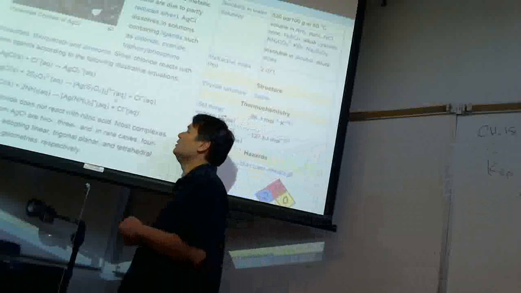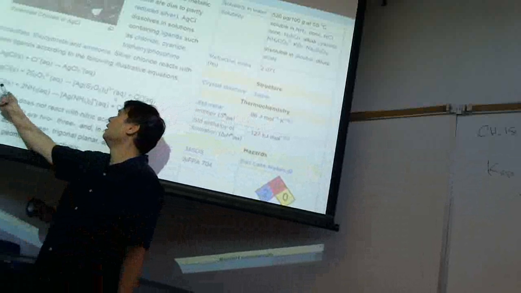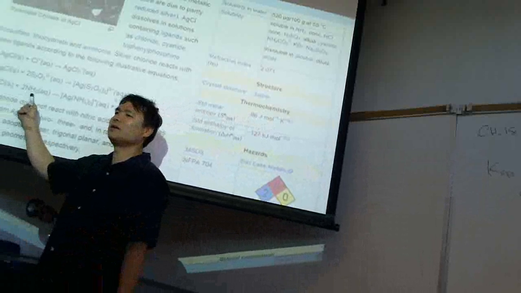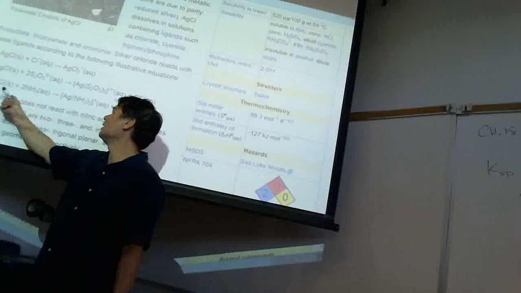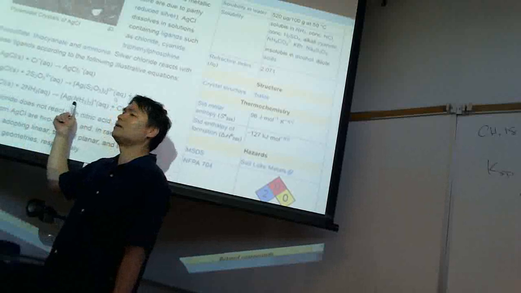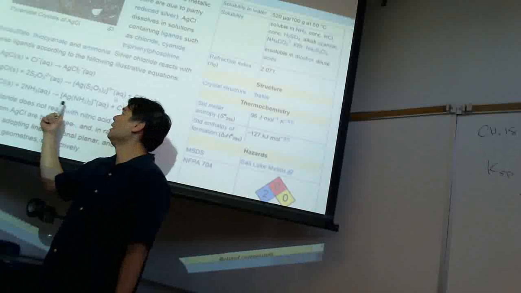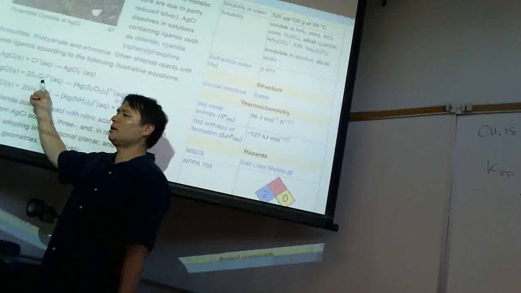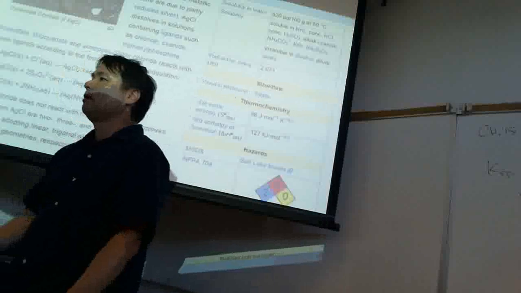However, we could use other agents to dissolve it. For example, ammonia worked fabulously for dissolving silver chloride, right? You just add ammonia and attack the silver chloride precipitate and form the diamminesilver(I) ion. Thiosulfate is a very common ligand that's used.